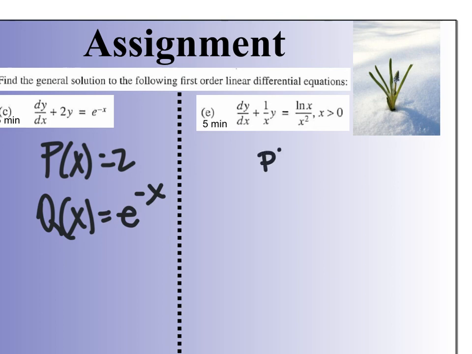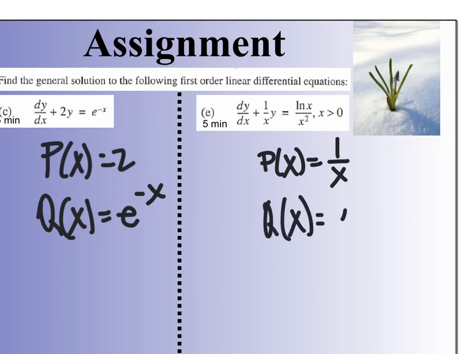Okay, p of x equals 1 over x. Q of x. Ooh, that one's nasty, but q of x will be natural log of x over x squared. Yeah, so you're gonna get something interesting there, but that'll be a fun one.